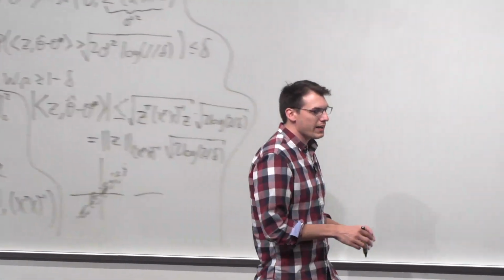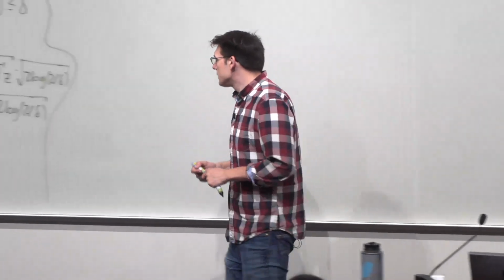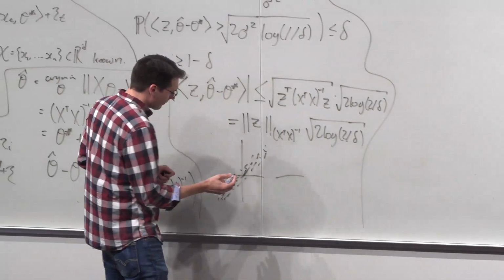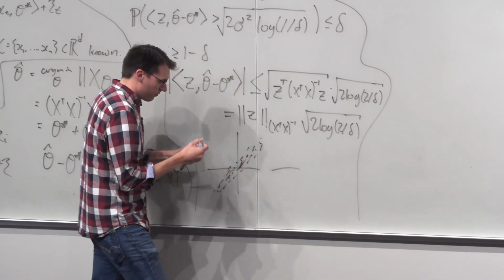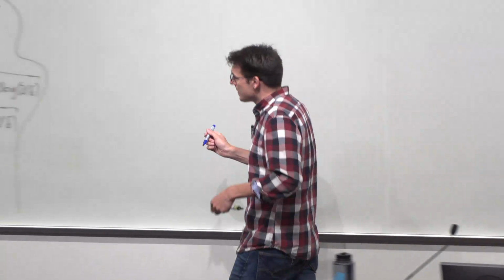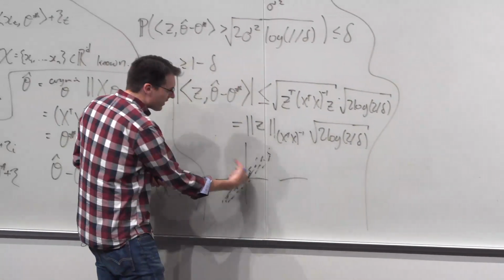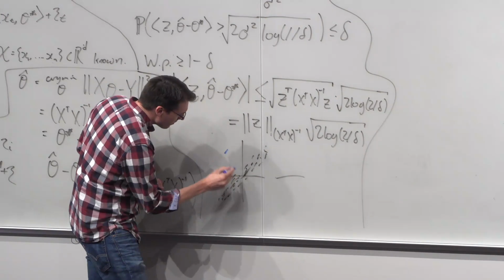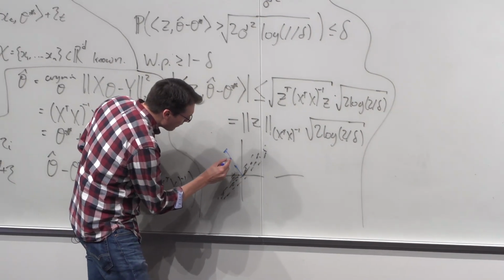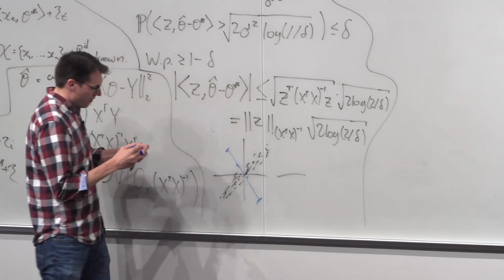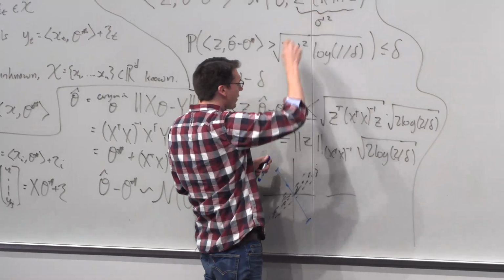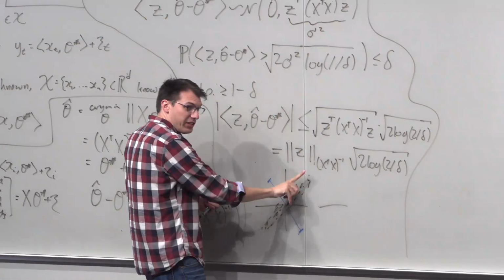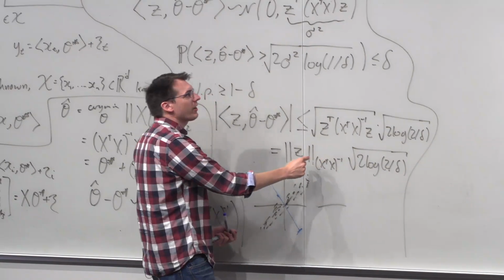And so if you had some vector z, because I don't have many x's in this direction, my confidence interval would be very, very big, because I don't have a lot of x's to cancel out the uncertainty in that direction z. However, if I look in this direction, I have lots of x's. I have lots of energy going in that direction.